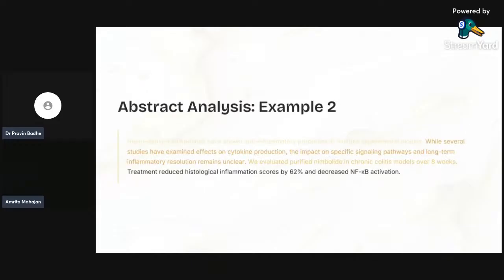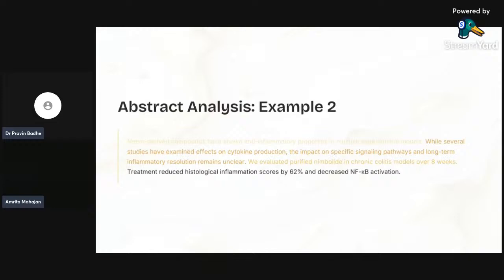Next comes example 2. Neem-derived compounds have shown anti-inflammatory properties in multiple experimental models. While several studies have examined effects on cytokine production, the impact on specific signaling pathways and long-term inflammatory resolution remains unclear.